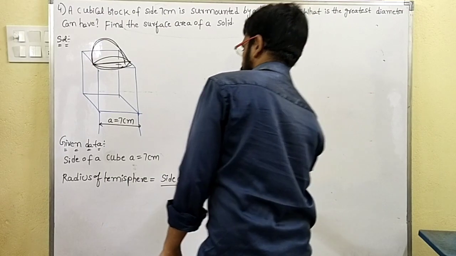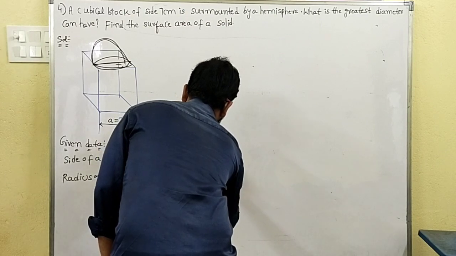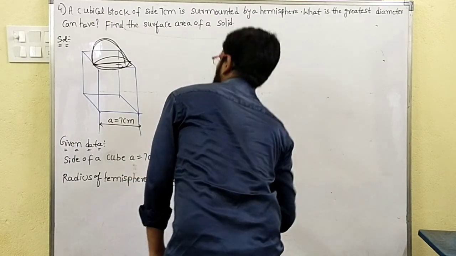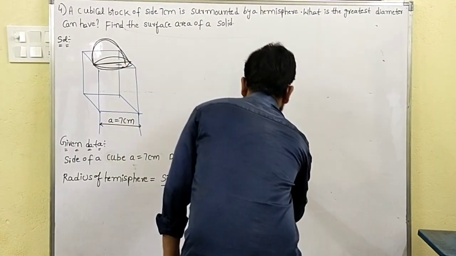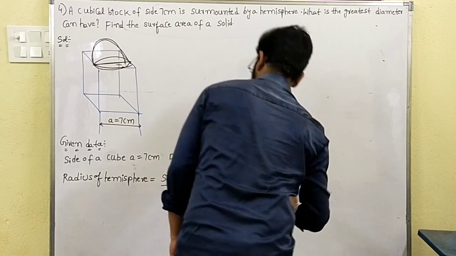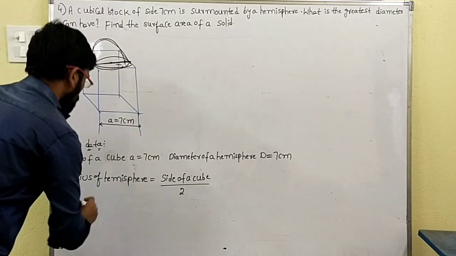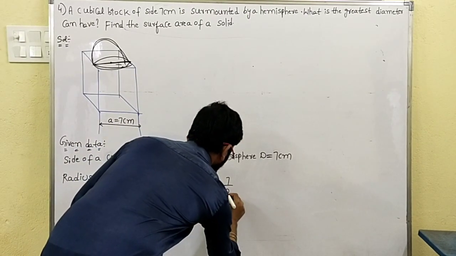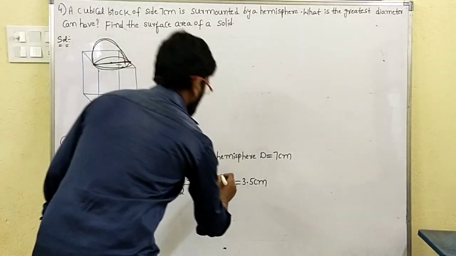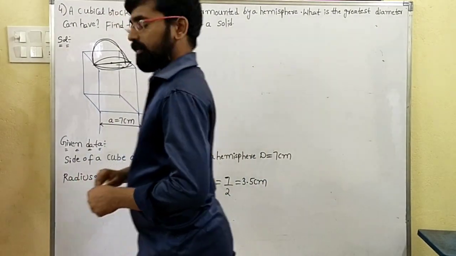So the diameter of the hemisphere, D, equals 7 centimeters. The radius of the hemisphere is diameter by 2, therefore 7 by 2, which is 3.5 centimeters.